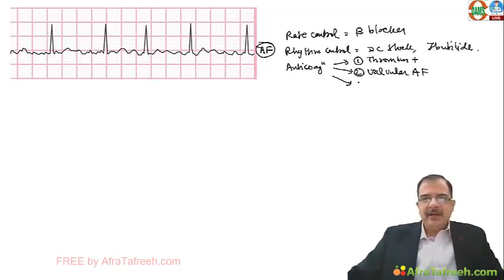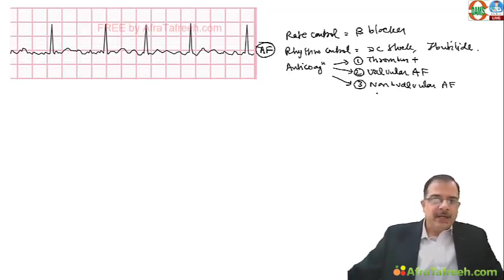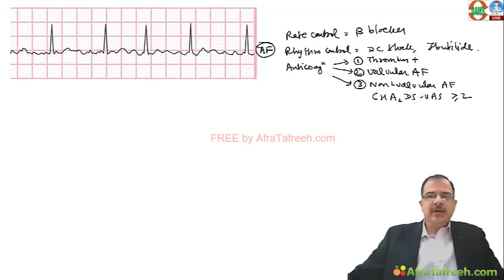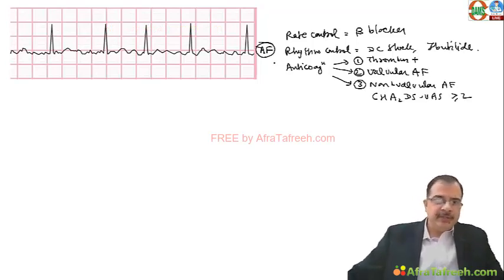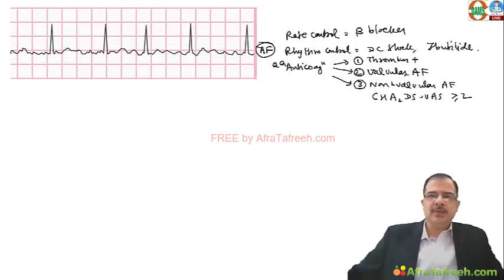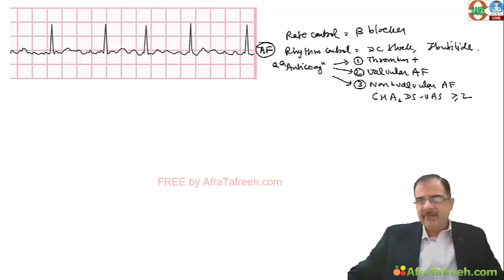And if the patient has non-valvular AF but a CHA2DS2-VASc score more than 2, then anticoagulation will be given. So this is a frequently asked question on anticoagulant use: thrombus, valvular AF, non-valvular AF. So this is atrial fibrillation.